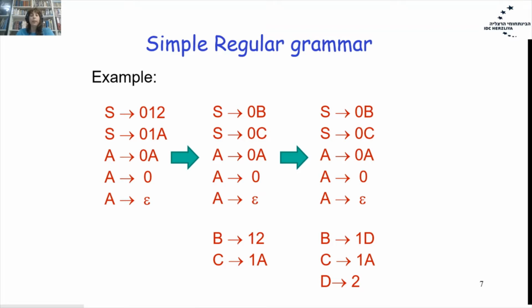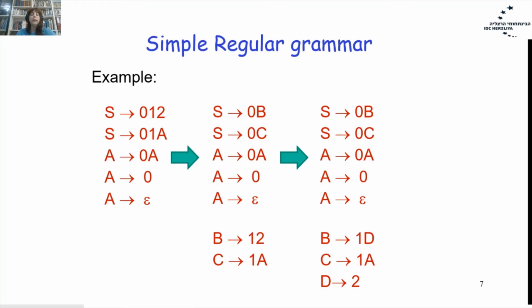Instead of S derives 012, S derives 0 and the new variable B. New variable B derives 1 and 2. S derives 01A is now replaced by S derives 0C. C derives the rest of the rule, which is 1A. A derives 0A is a correct form. A derives 0, wonderful. A derives epsilon, once again, very good.